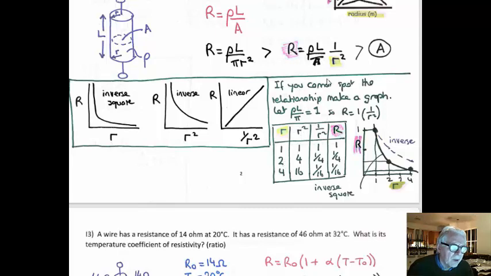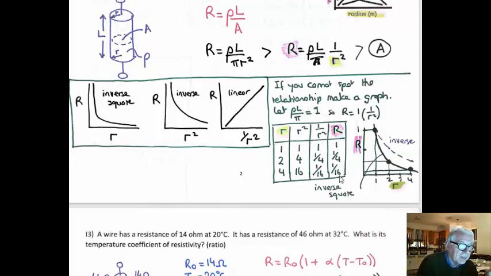Well, r squared is equal to 4, so put down 4. 1 over r squared is equal to 1/4. You don't have to work out the decimal. So the answer is 1/4. And if it was r equals 4, r squared equals 16. 1 over r squared equals 1 over 16, which means the answer is 1 over 16.